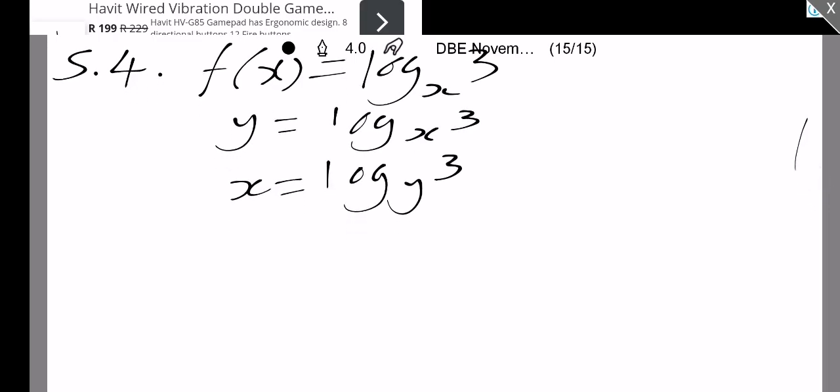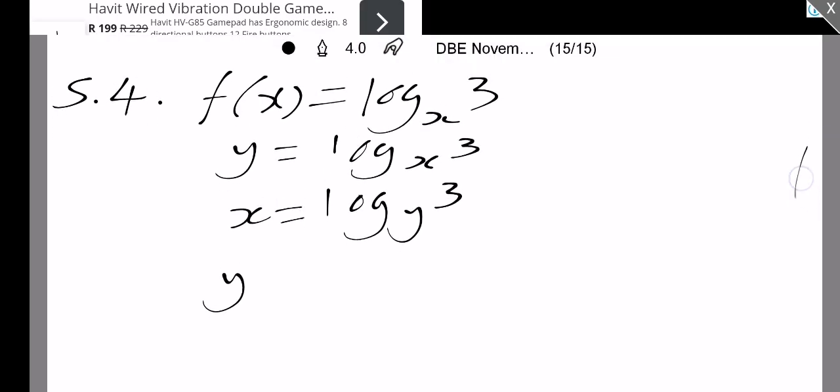So to make y the subject of the formula, we've got to change to exponential form. So y is the base, so we're going to have y to the exponent x.